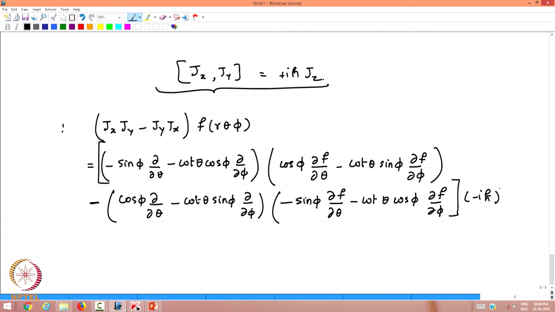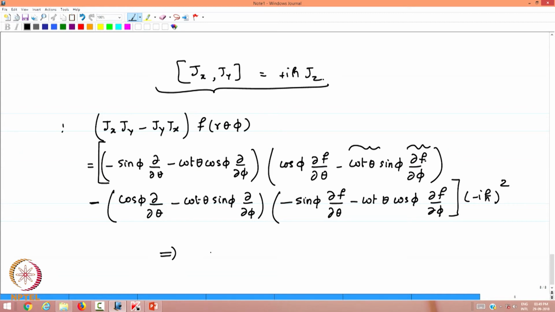So, if you go through the algebra, keeping in mind that ∂/∂θ acting on this term obviously gives you only ∂²f/∂θ², because cos φ is not affected by it, but ∂/∂θ acting on cot θ and ∂f/∂φ will give two terms, and likewise ∂/∂φ on each one of these will give you two terms, one being the action on cos φ, the other being the action on ∂f/∂θ, which is a function of φ, and likewise here the action on sin φ and the action on ∂f/∂φ.